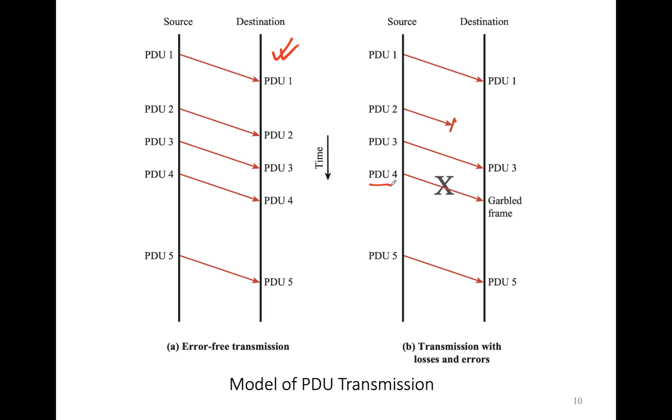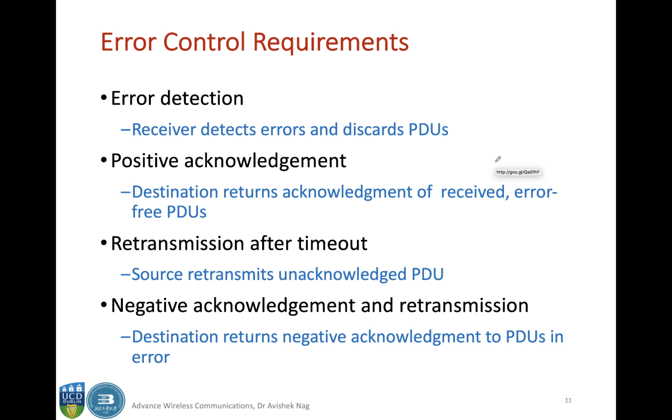For example, PDU4 is received but with a garbled frame, okay. So in such scenarios, the receiver detects errors and discards the PDUs.